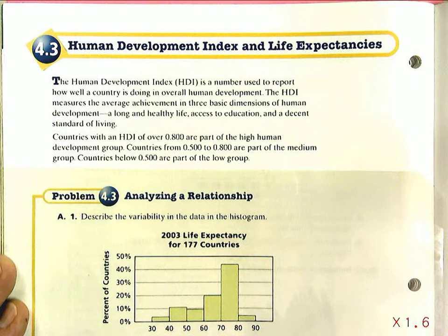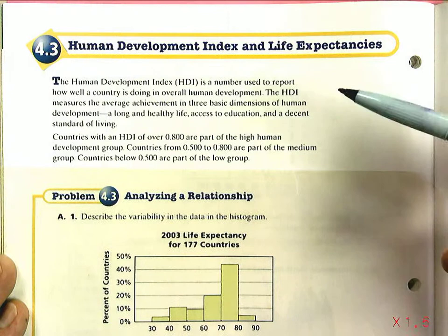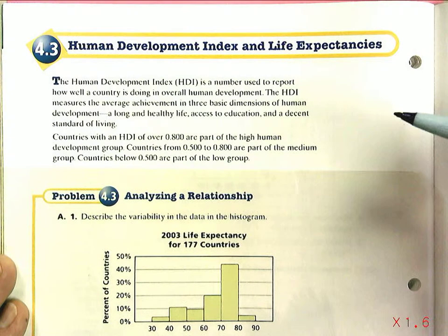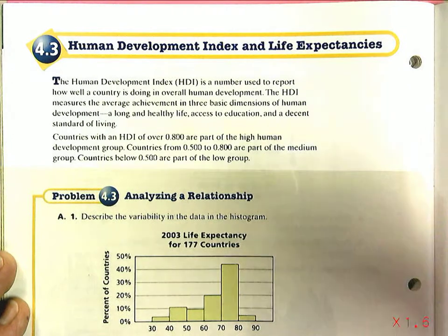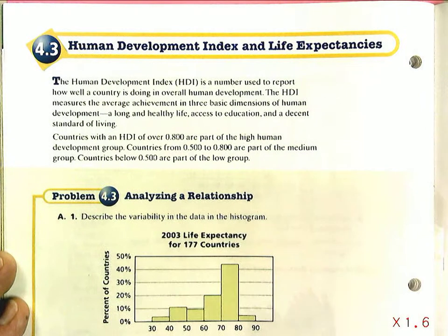And so when you start looking at these numbers, an HDI, Human Development Index, of 0.8 or above is considered to be a high human development index. In some ways you can think of it as where 80% or above of the people have access to all of these things: long, healthy life, access to education, decent standard of living.